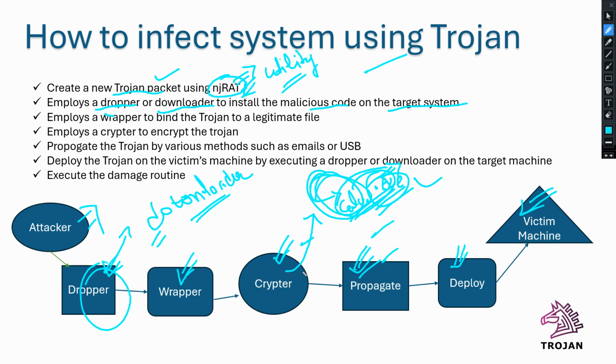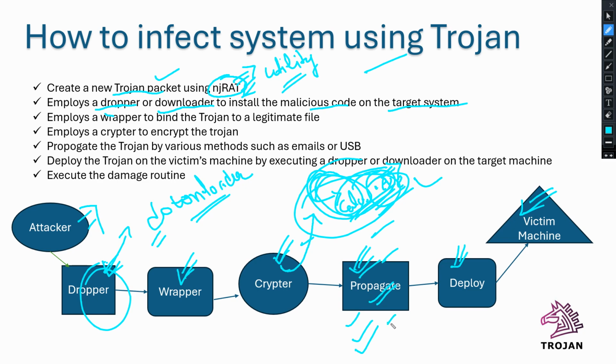After the cryptor, the next term is propagate. Propagate means we have to put this malicious Trojan onto the system. There are different methods like email, USB, removable drives. Your task is to put that particular Trojan on the system.